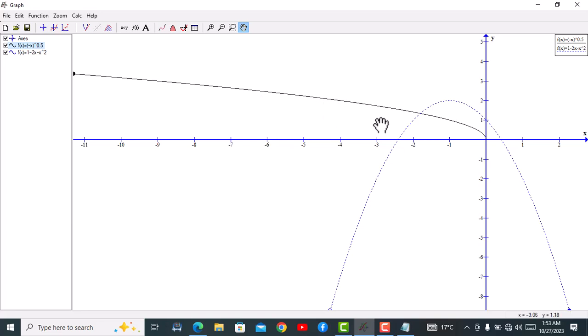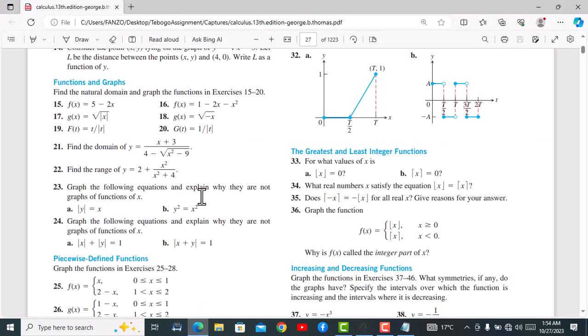Because the natural numbers cannot be negative here, we can just say the natural domains does not exist since x is negative on this side. So we do not have any natural domains. Okay, that is fine, and we cannot solve these ones for now.